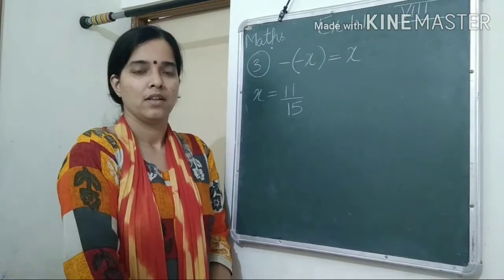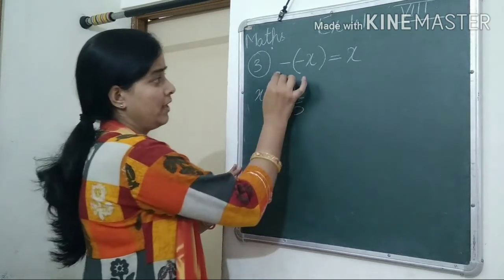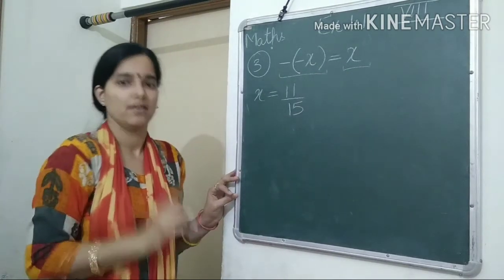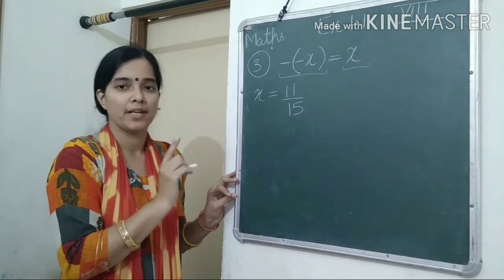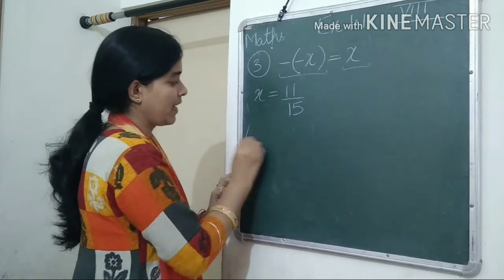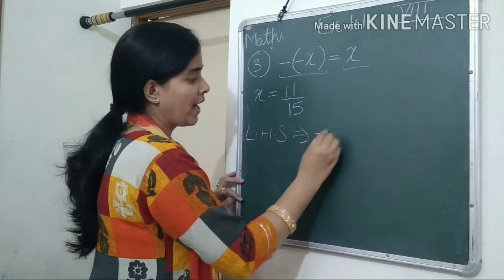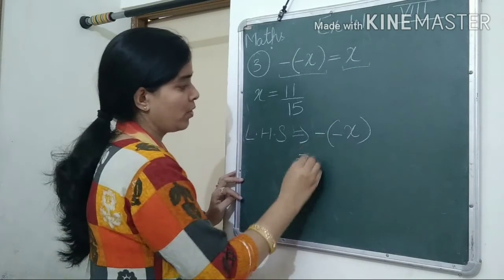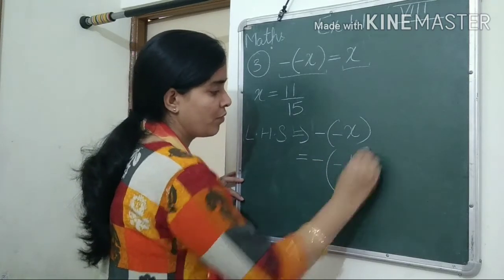Now in the next question, we have to verify that the left hand side is equal to the right hand side. Always remember, whenever the question is of verification, it's better to write it as left hand side and right hand side. So what is there in the left hand side? It is minus of minus x given to you. So if I put the value of x inside, it is 11 upon 15.